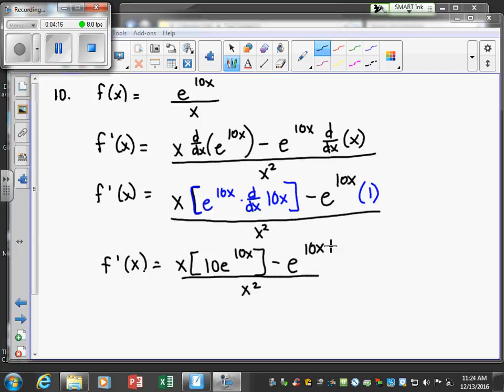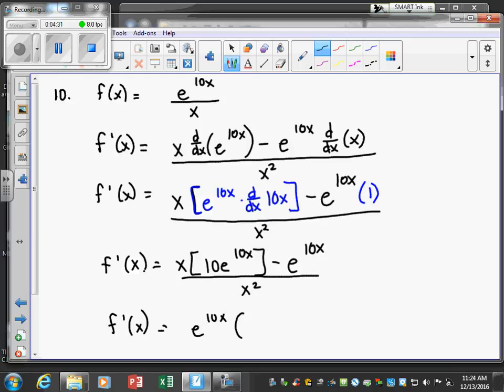They do have a common term. What would it be? e to the 10x. So just simplifying algebraically, if we pulled out an e to the 10x as our common term, what will we have left? A 10x minus 1, all over x squared.